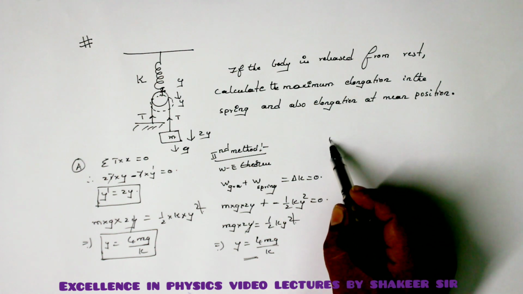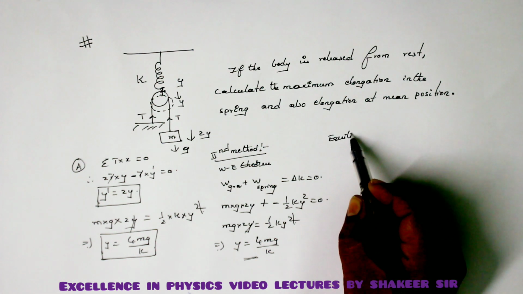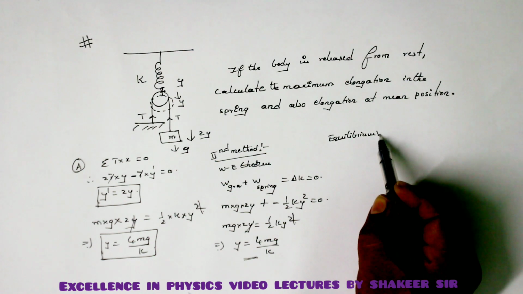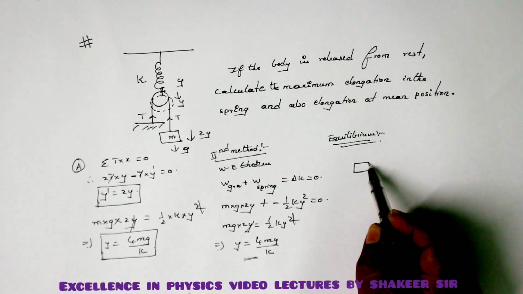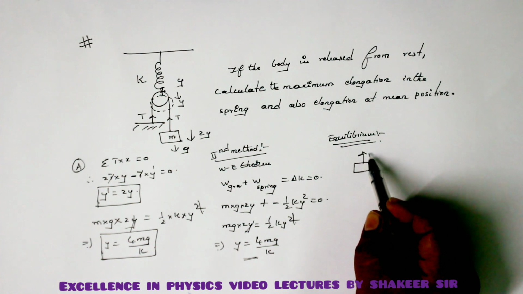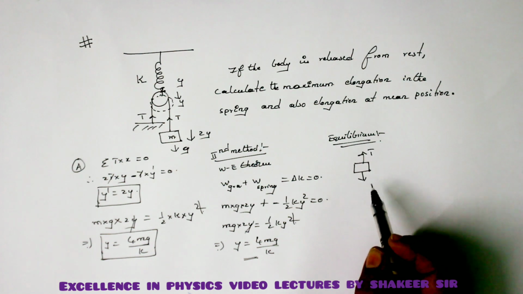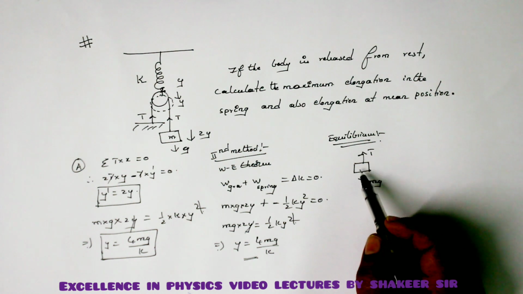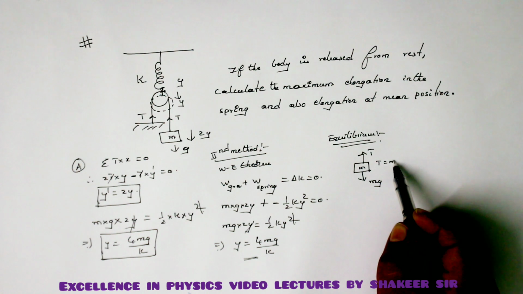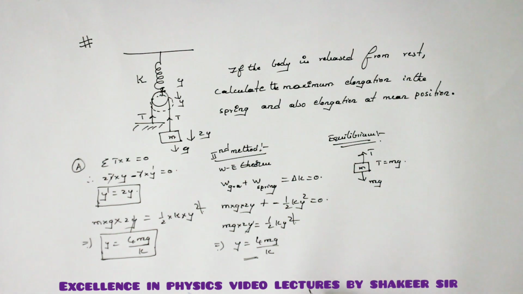So now if we consider the equilibrium position, then for the equilibrium position, this mass will have two forces. One is tension, another one is mg. So at equilibrium position, definitely I can say T must be equal to mg in this condition.